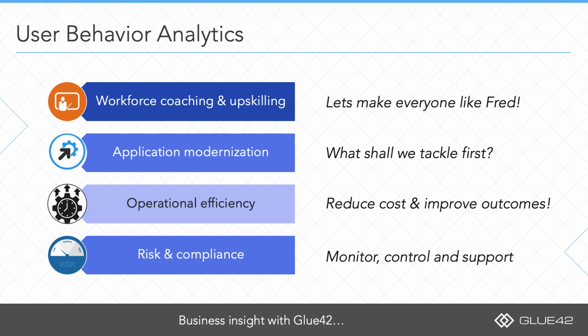Now, the other thing that we have seen UBA being used for is to decide how long a particular process journey is taking, and then to look for opportunities to reduce the journey time. And so with the raw events, what we can determine is the steps and the interactions within an application and start to look for areas of duplication or unnecessary steps that occur in order that you can start thinking about what the new integrated desktop could look like.